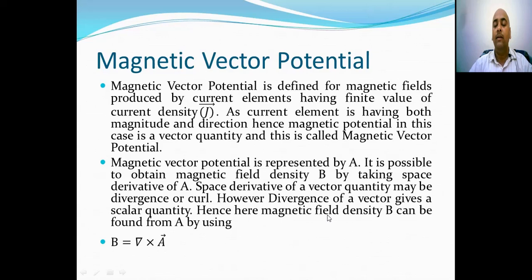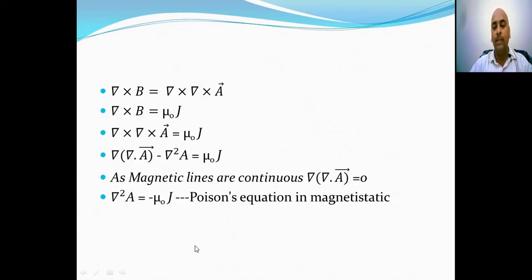Hence, magnetic flux density B can be obtained from A, the magnetic vector potential, by using B equal to curl of A.